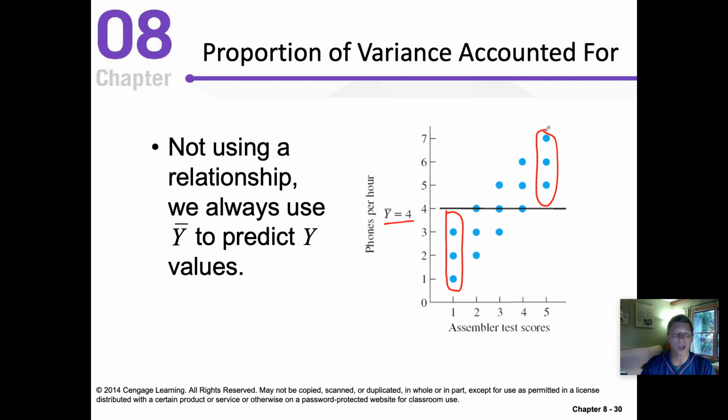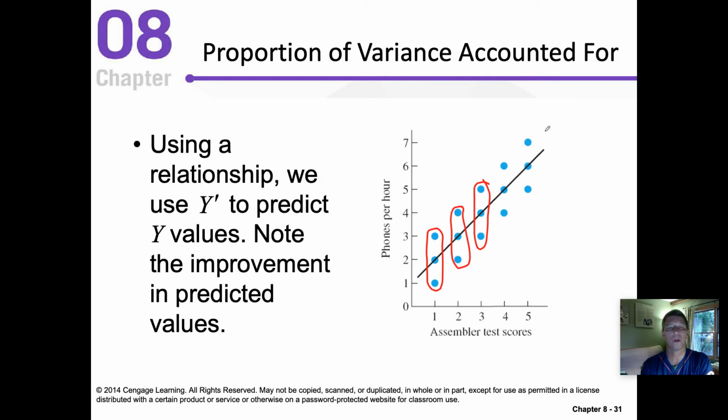And so when we do use the linear regression relationship, we actually end up with a much more accurate prediction of the standard error for each value of x. And of course, this is a much better representation of the relationship that exists here.